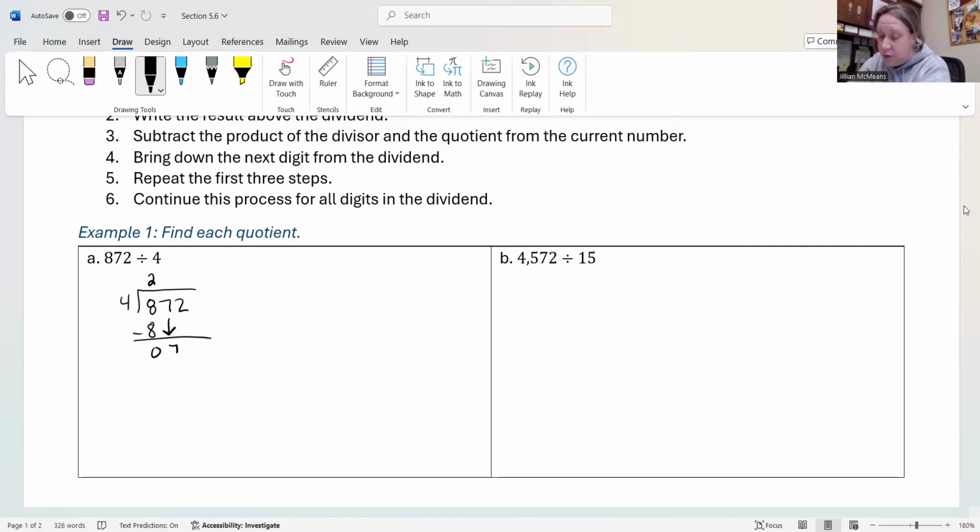Only one time. 1 times 4 is 4, so I subtract that from 7. 7 minus 4 is 3, and I have one more digit to bring down, which is a 2. So I repeat: 4 goes into 32 8 times. 8 times 4 is 32. All of the digits in the dividend have been dropped down, and I've got a 0 remainder. I'm done. So 4 goes into 872 218 times.